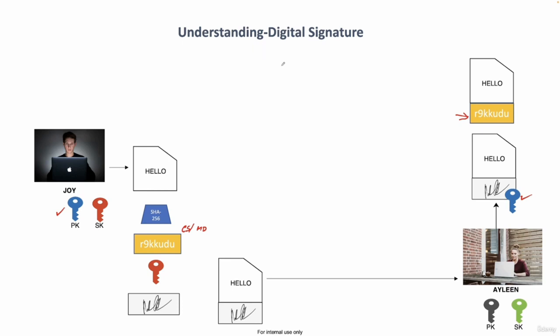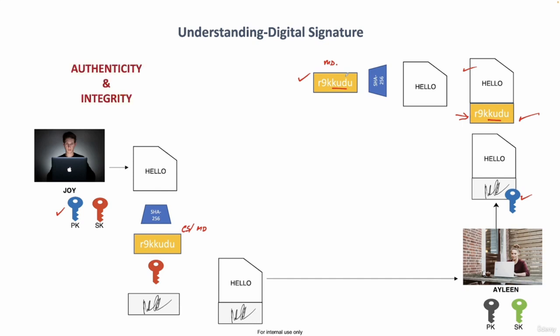So Aileen will take this whole document and pass it through the SHA algorithm, and what does she get? She gets the message digest, right? And the good thing is, now Aileen is able to compare: this is what I have received, and this is what the message is giving me as a message digest, and both of these are equal, which indicates perfect.